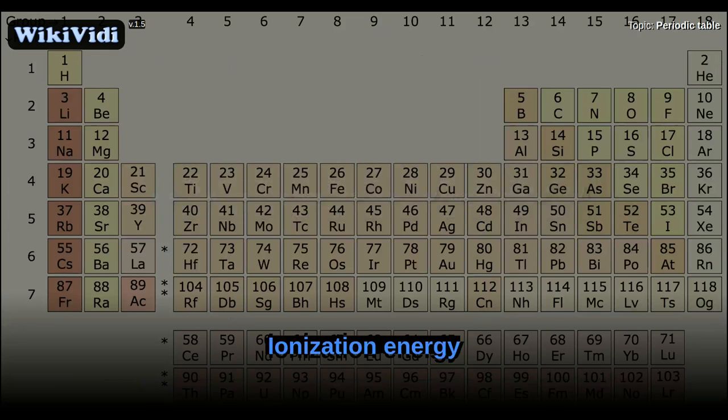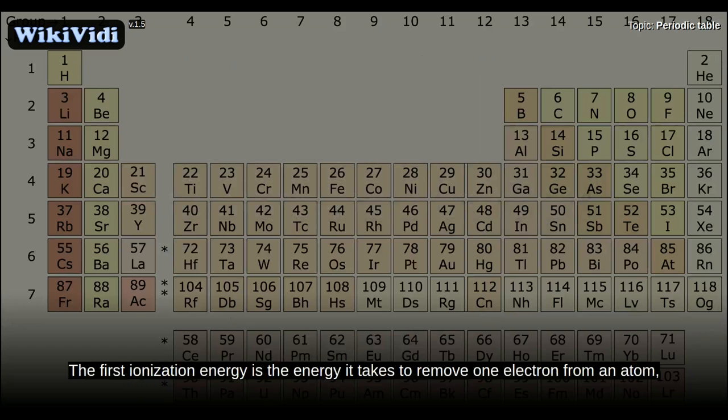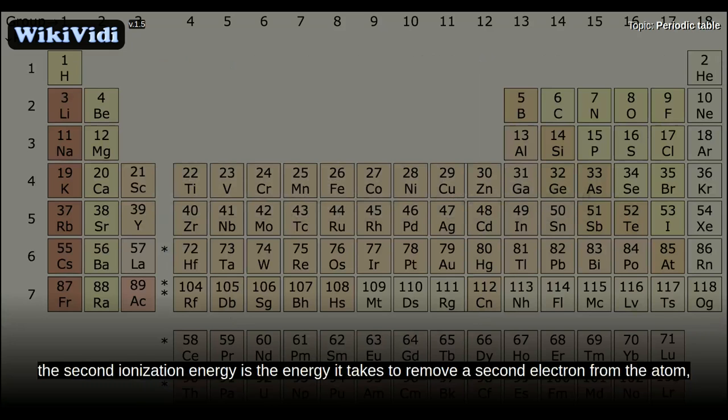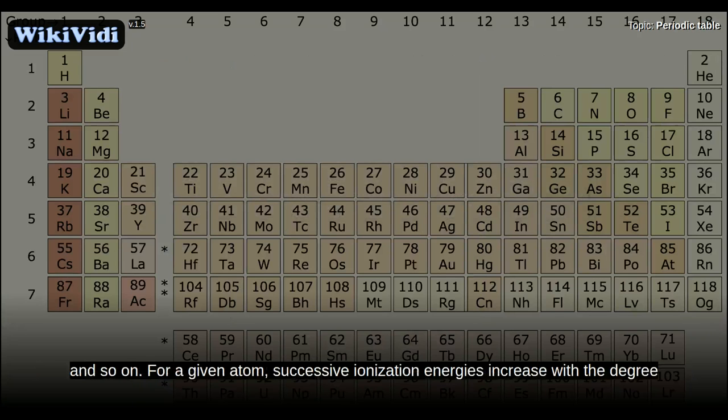Ionization energy. The first ionization energy is the energy it takes to remove one electron from an atom. The second ionization energy is the energy it takes to remove a second electron from the atom, and so on. For a given atom, successive ionization energies increase with the degree of ionization.